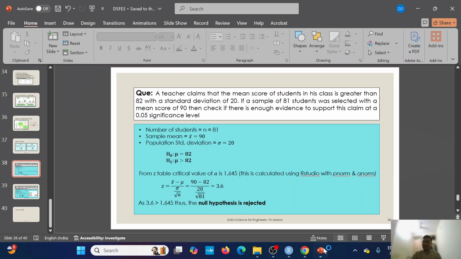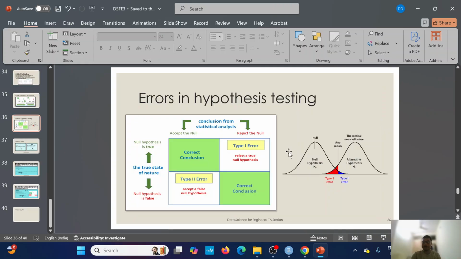I'm talking about a curve with some mean and standard deviation. Let's assume one curve. If a particular value is given to you and you want to know the probability of this value, you calculate the area under the curve up to this value. That gives you the probability of that value.